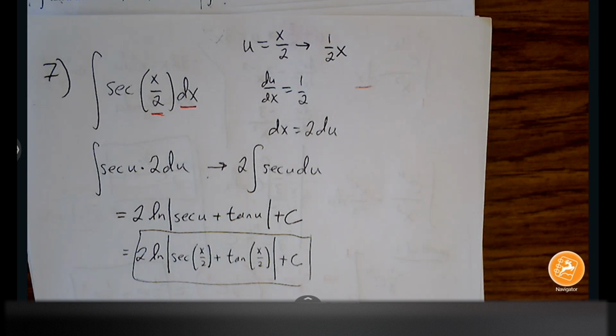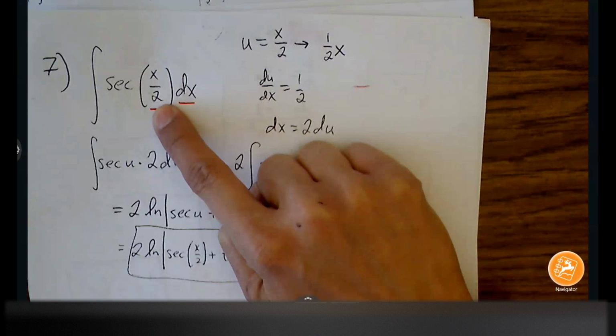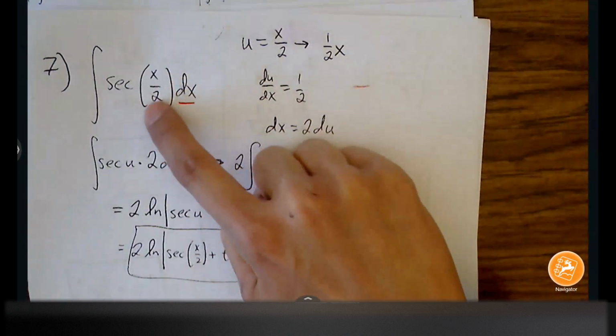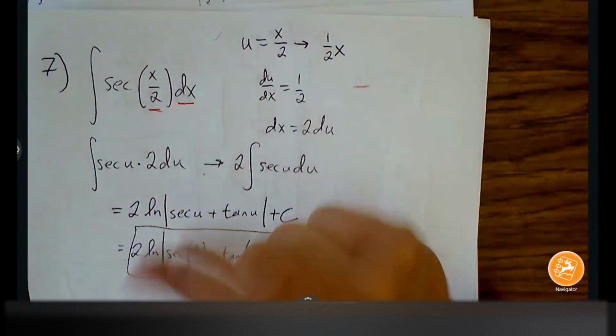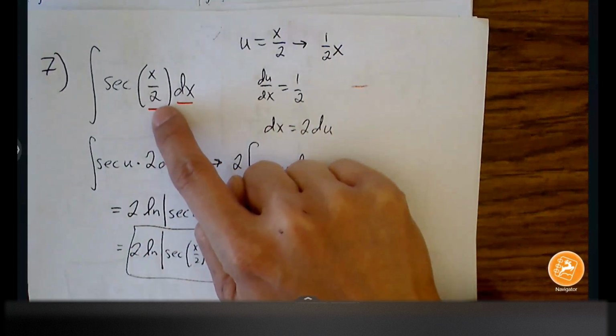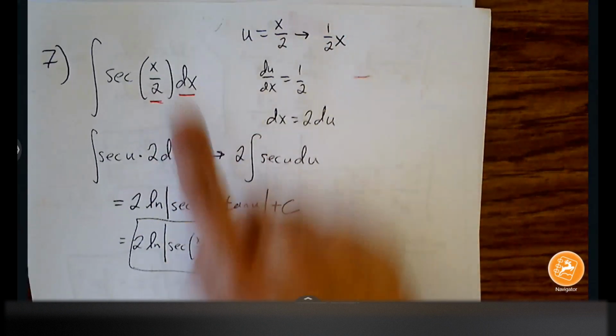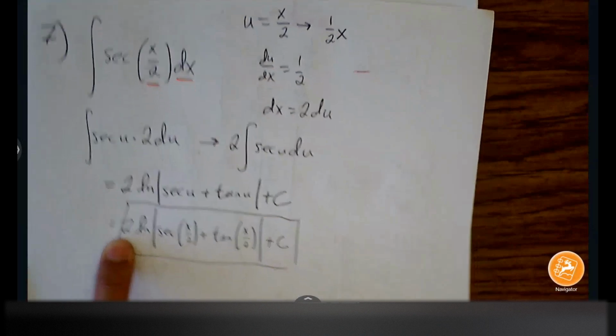Any questions with 7? I want to point something out here. Look at the u value. What pattern do you see? I want you to be able to see this pattern for relatively easy, simple u terms where it's not very complex. What do you notice about the u value and what's produced as a leftover?